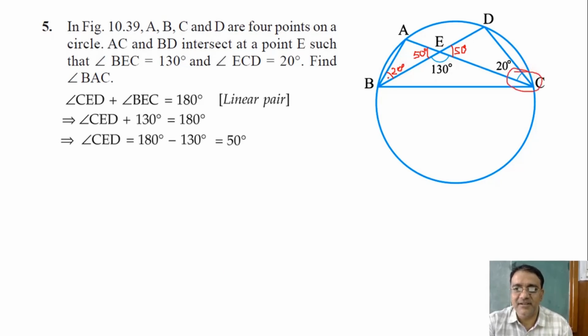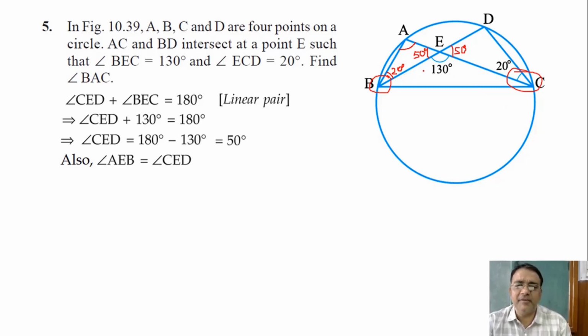These two angles are equal. Angles in the same segment, right? And now by using the angle sum property of a triangle you can find this value. So you can do it both ways. Both are correct. So I'm doing it this way.